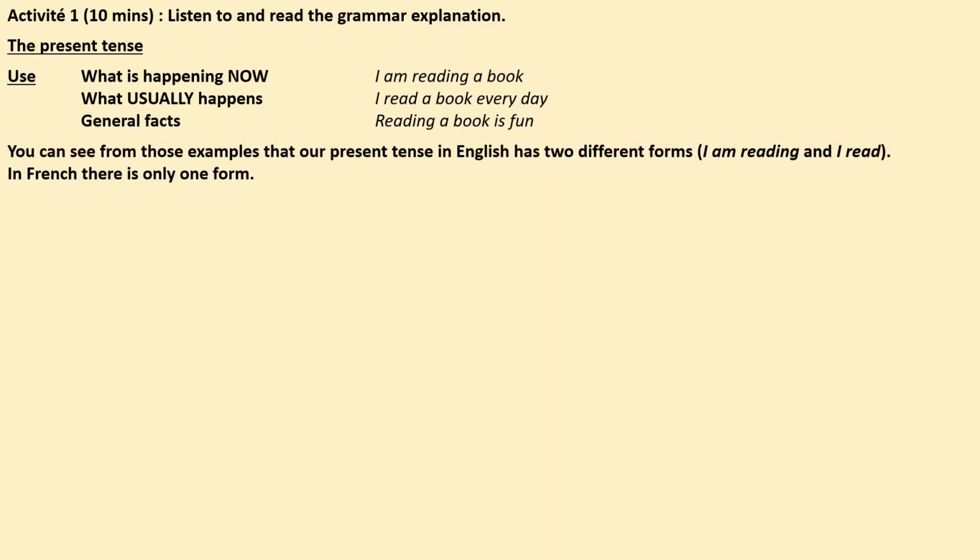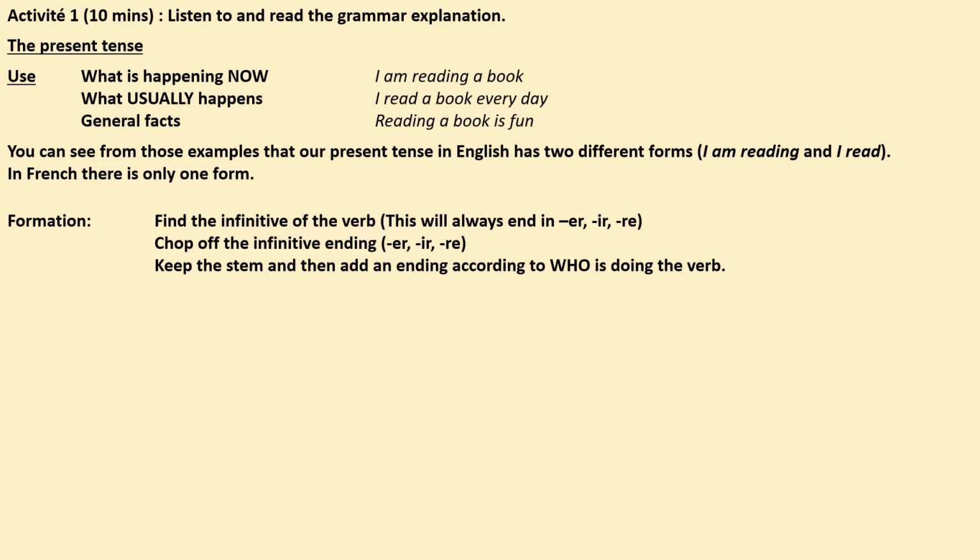You can see from these examples that in the present tense, in English, we have two different forms. I am reading, that's happening right now, and I read, this usually happens. Luckily, in French, there is only one form of the present tense for us to learn. Formation.